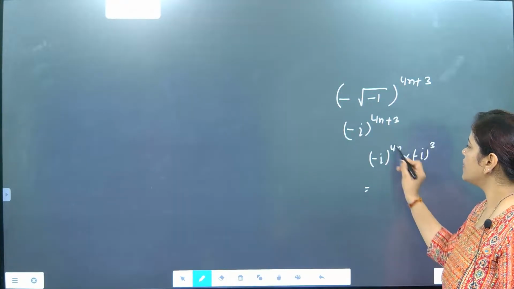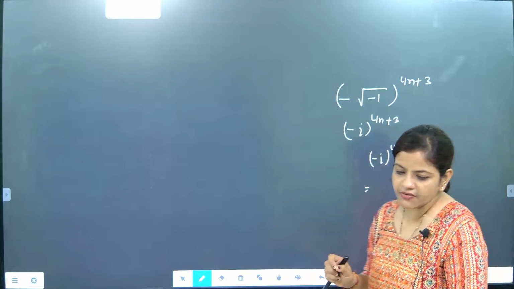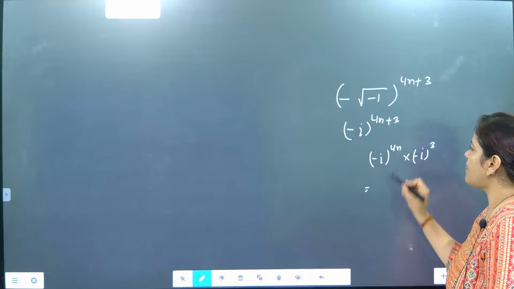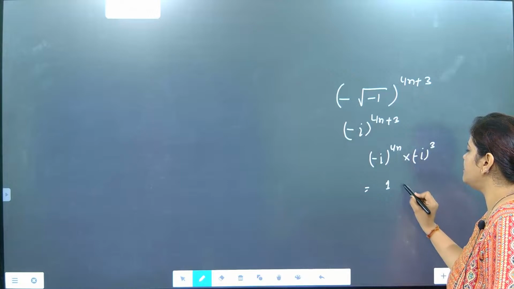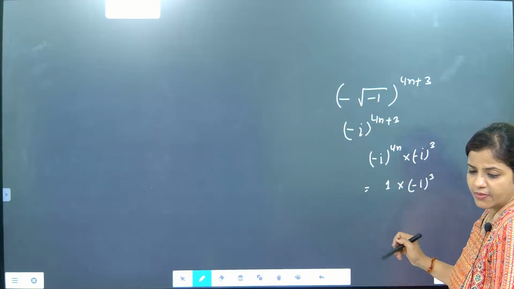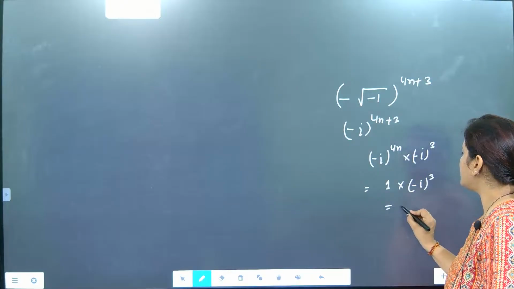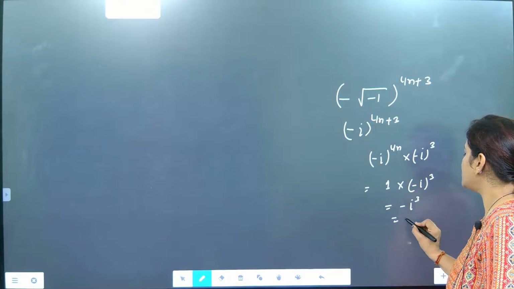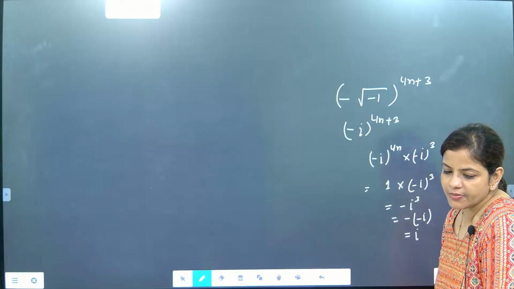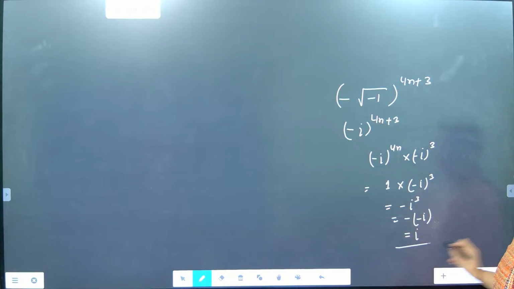The negative under the root becomes positive, so i to the power 4n becomes 1, into minus i cube. And i cube is minus i, so minus of minus i comes as i. So the answer is i. Got it?